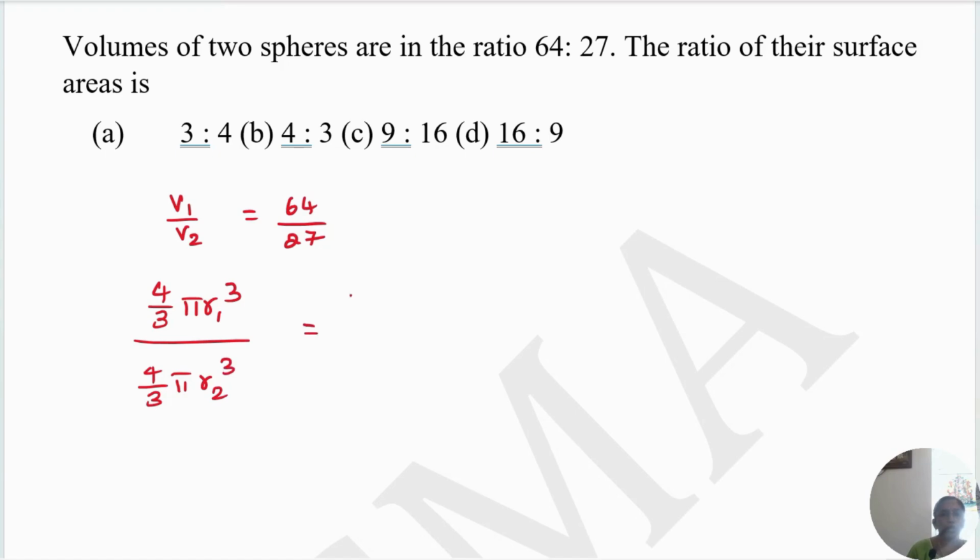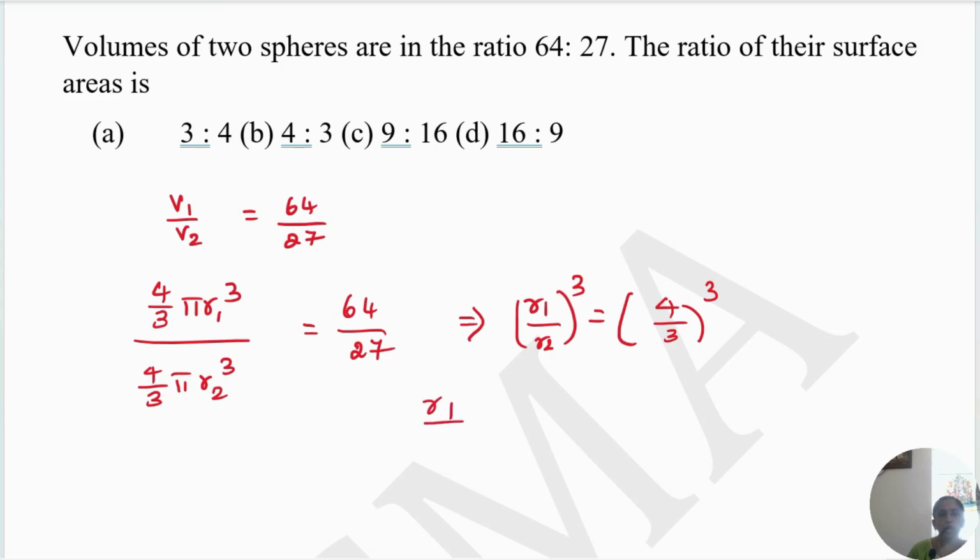So here 64 divided by 27. You can cancel the common terms, so that R1 divided by R2 the whole cube is equal to, here you can write your data in terms of cube. So that will be 4 divided by 3 to the power 3. So R1 by R2 is equal to 4 by 3.